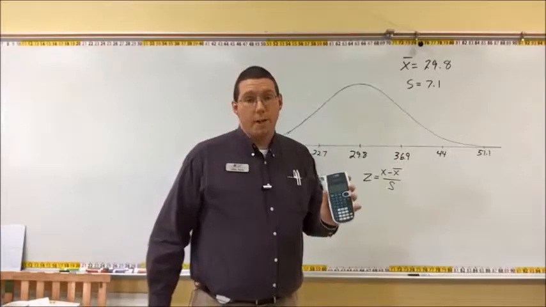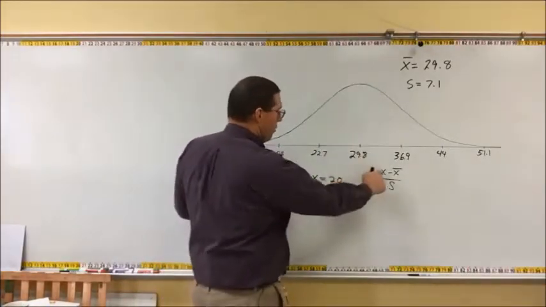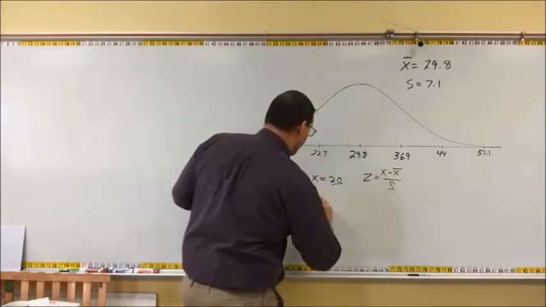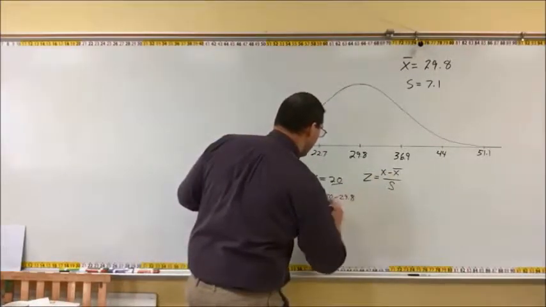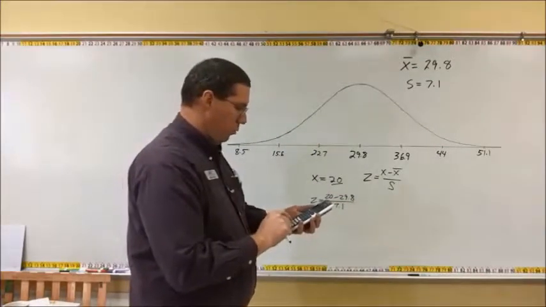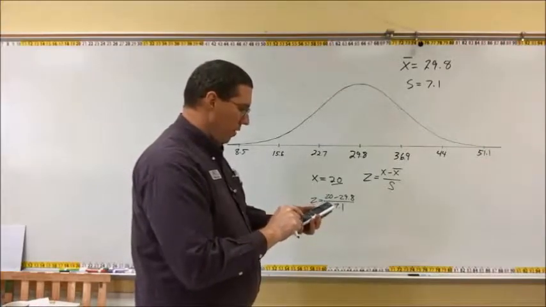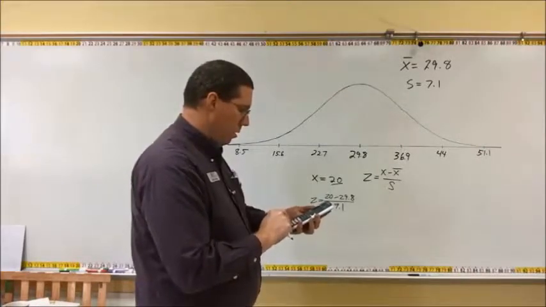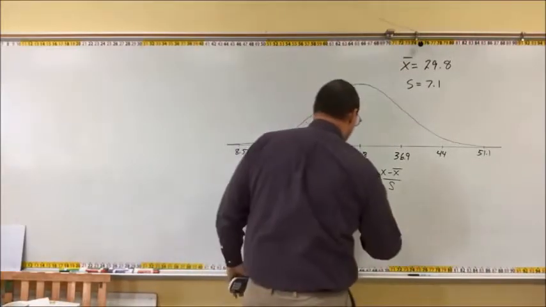So our z-score here is going to be 20 minus 29.8 divided by 7.1. So 20 minus 29.8, enter, divided by 7.1 is negative 1.38.